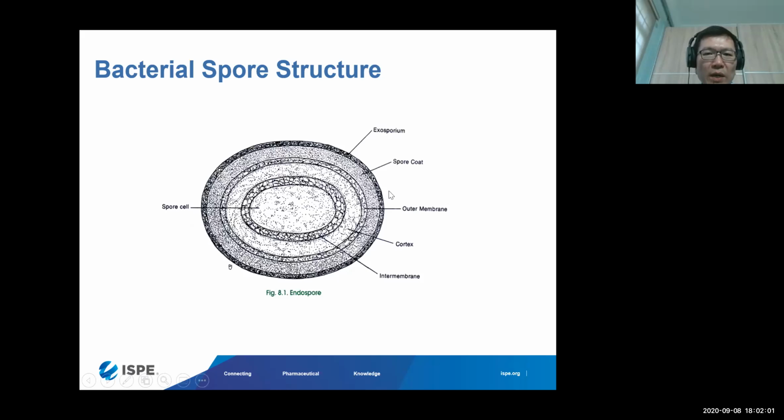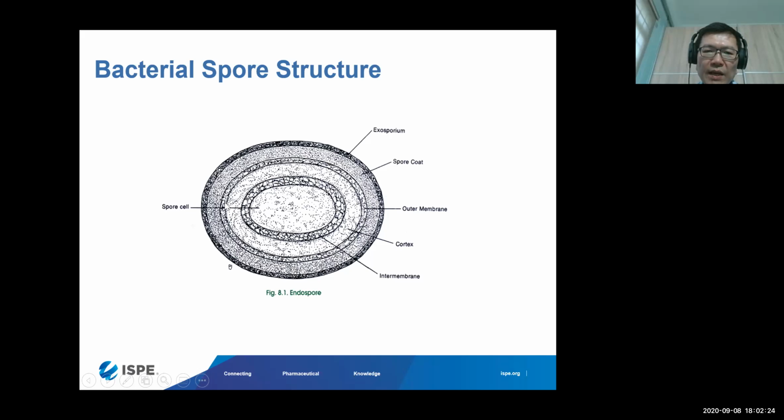So bacterial spores, why are they so hard to kill? This is the spore structure. You can see that under adverse environmental conditions, bacterial cells will change into a spore form. You can see that there's a thick exosporium and a spore coat. This is basically to protect the bacterial spore cell.